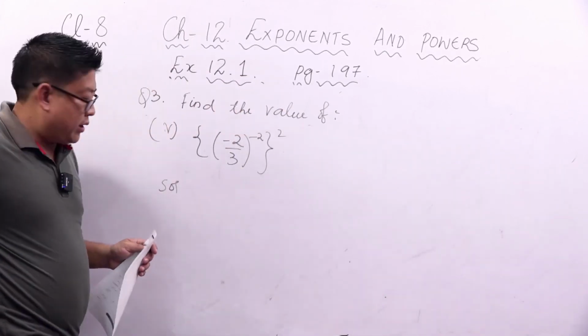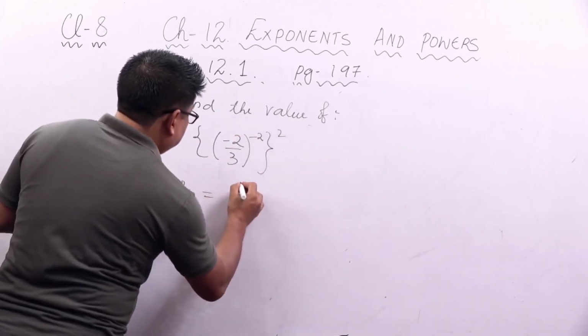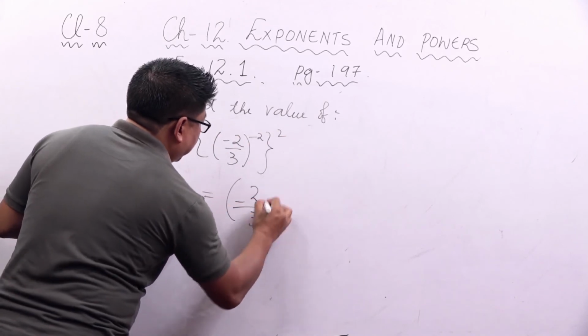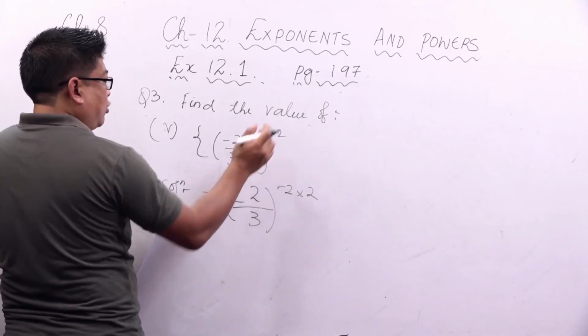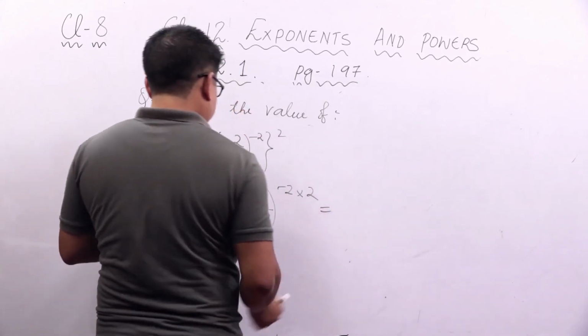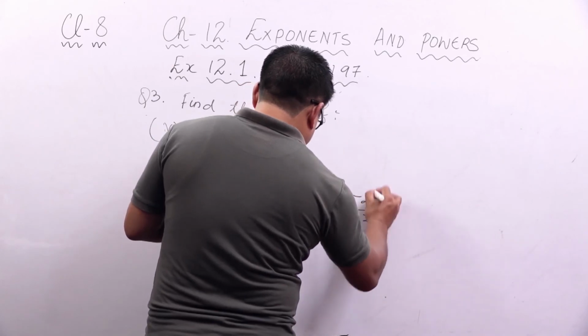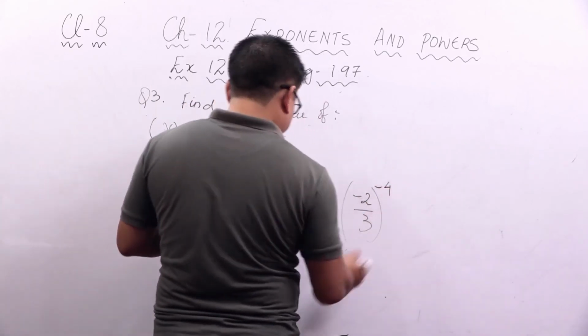So this is the question given. So what I will do is power of powers. So minus 2 by 3 to the power minus 2 into 2. Power of powers, you multiply the two powers, is equal to this, minus 2 by 3 will become, minus 2 into 2 is minus 4.